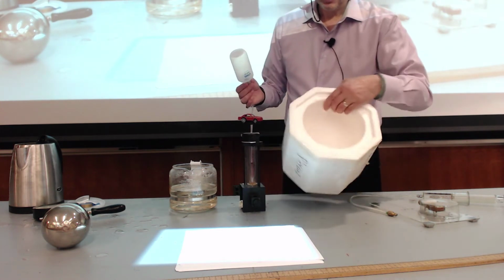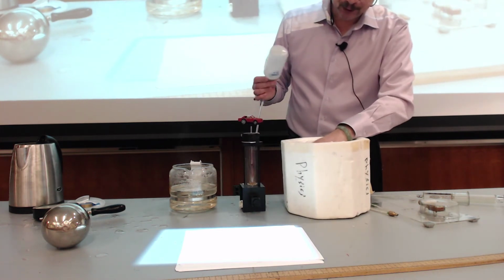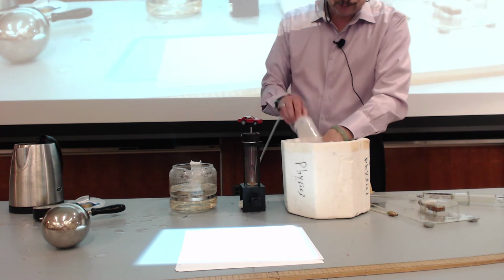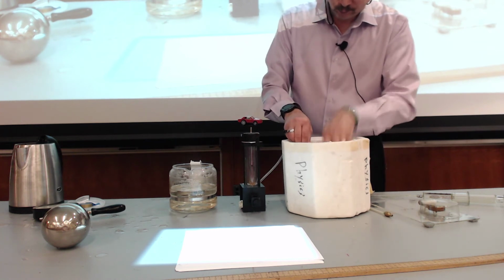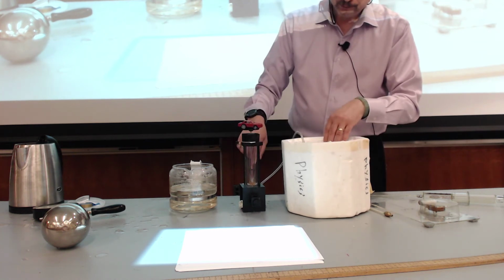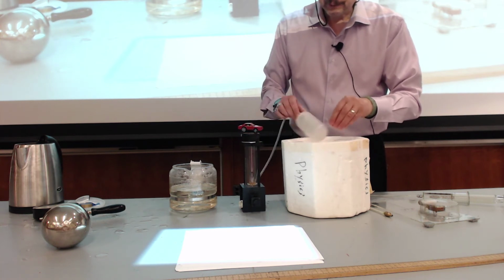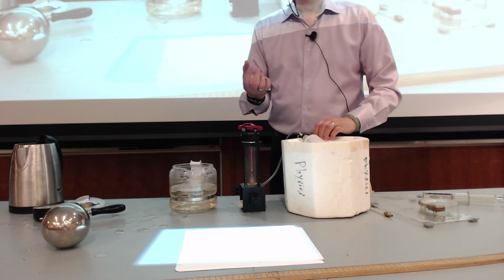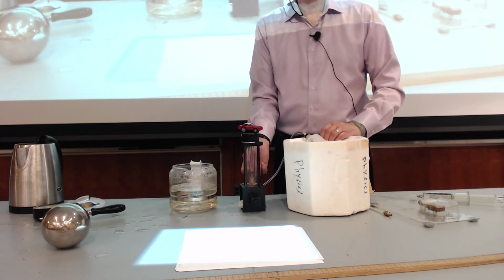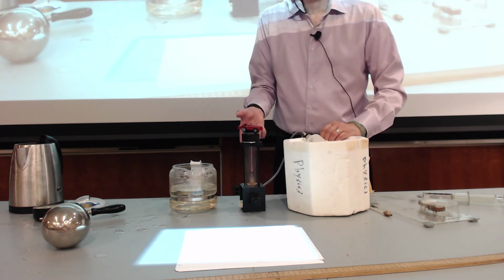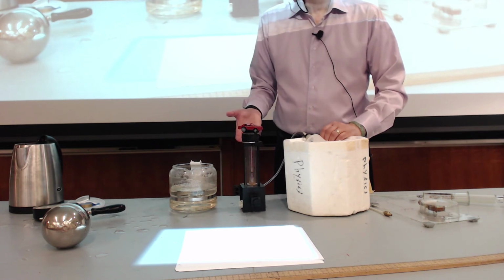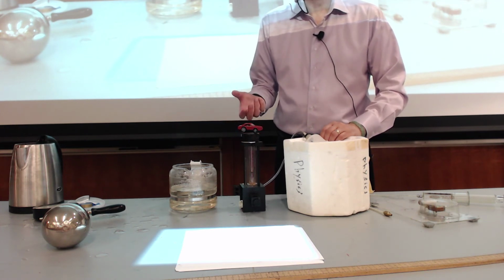What's going to happen if I now place it in ice? See, why? Well, because now, in order to provide the same pressure to compensate the same gravity, gas should use a different amount of volume.